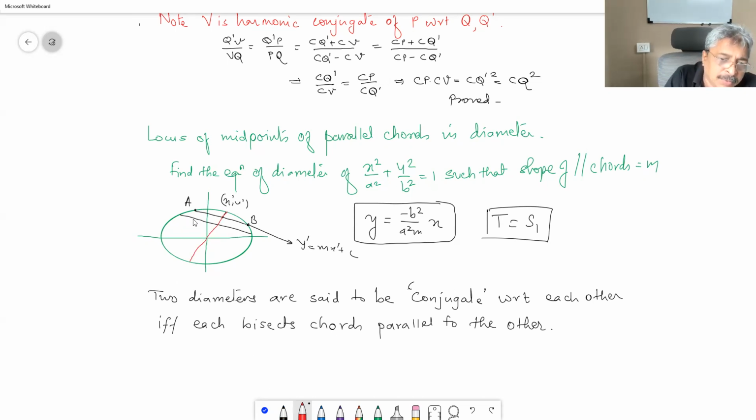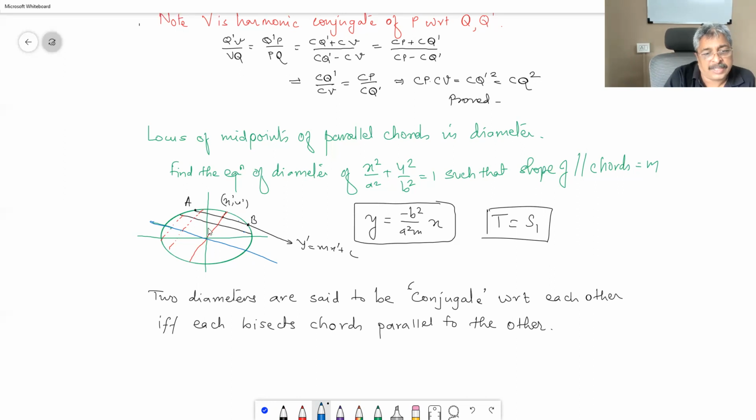Then if you draw chords parallel to AB and join their midpoints, then that line is parallel to these lines. Do you understand? This blue line is parallel to the black lines, and this red diameter is parallel to the parallel chords.